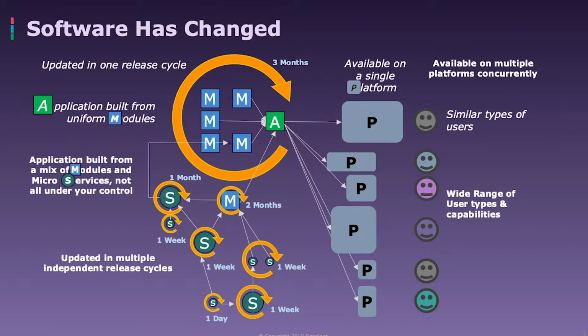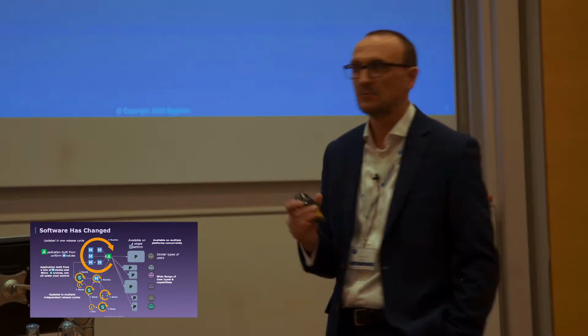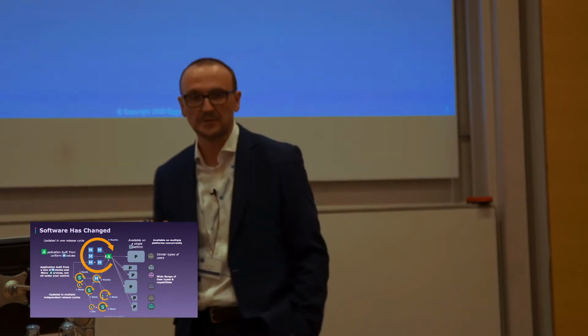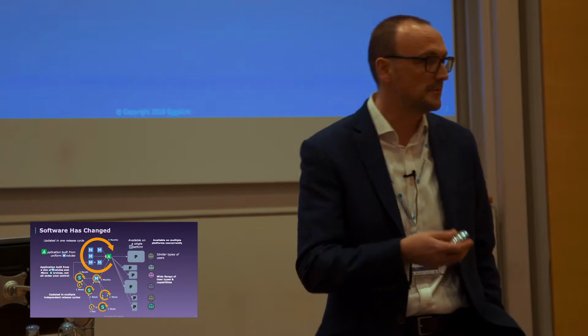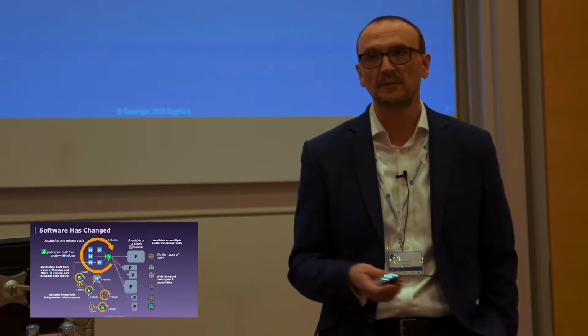And so there's a couple of things that have now, over the last few years, emerged in that software has completely changed. So not so long ago, I would have a piece of software that might be under my control. I have my application. It's my green box at the top. My application has made some modules, and I have some teams working on it, and it's under my release cycle.